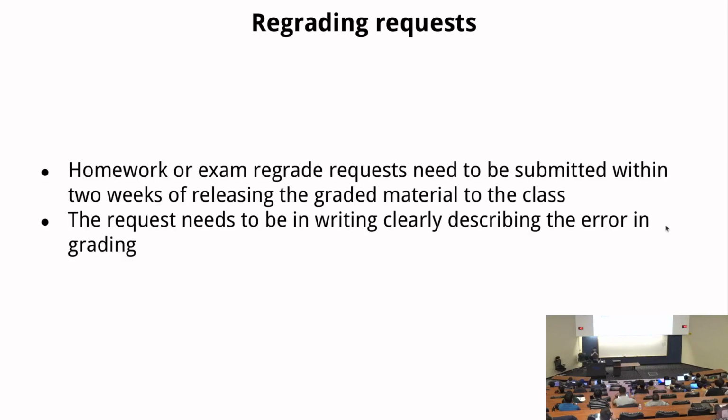If you have a regrading request, you have to submit that to me within 2 weeks of the grade being released. You should clearly say what happened, why the TA or the grader made a mistake.